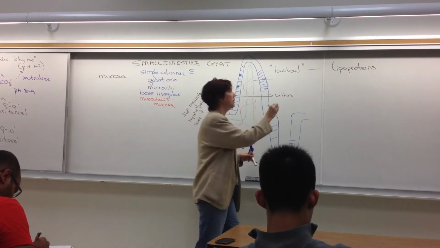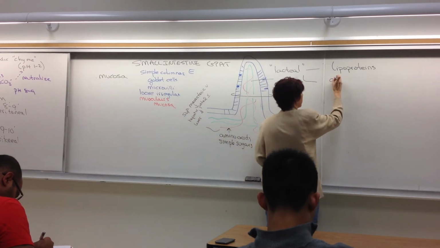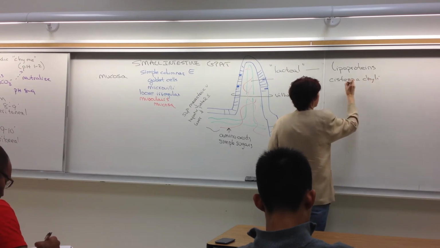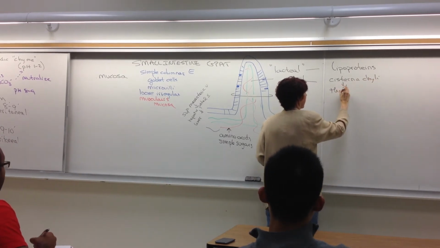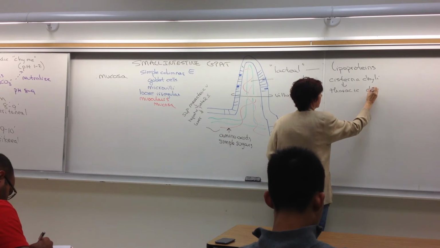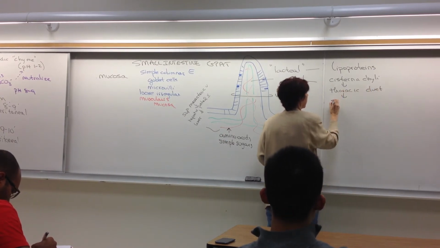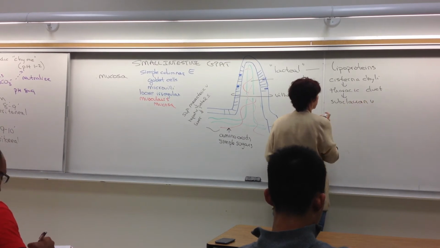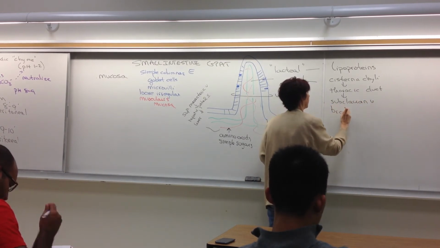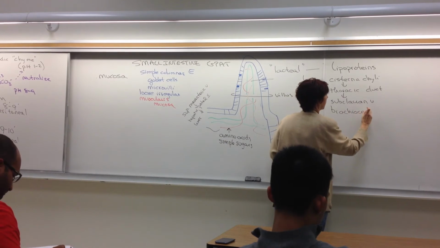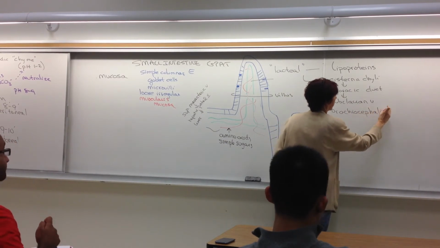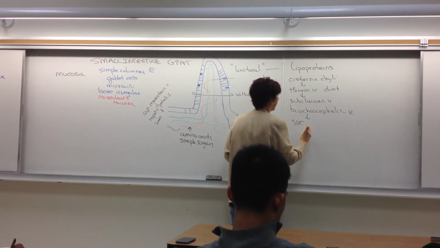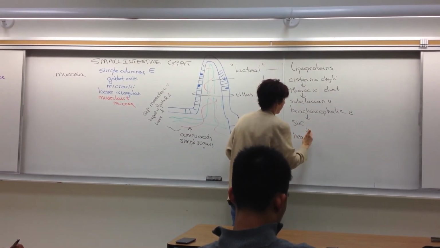The lacteal is going to go into the cisterna chyli, into the thoracic duct, into the subclavian vein, into the brachiocephalic vein, into the superior vena cava, into the heart.